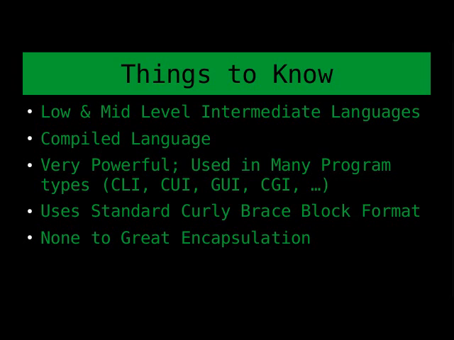And C can be used for either one of those. C has been used to create those scripting languages, as well as used to compile the actual executable itself. And if you're not familiar with those different types of interfaces, the CLI, the CUI, the GUI, I have a video that does compare those and explains those.